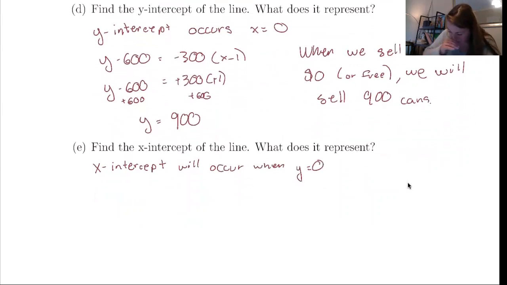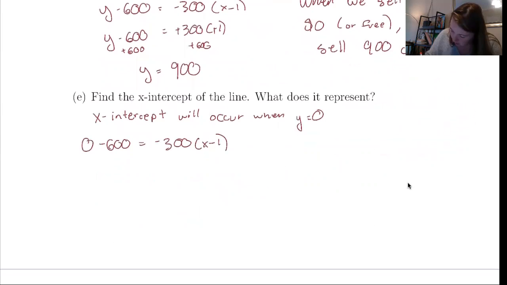Okay, so I'm going to do 0 minus 600 equals negative 300 times x minus 1, so this is negative 600. I need to get x by itself, so I need to divide each side by negative 300.